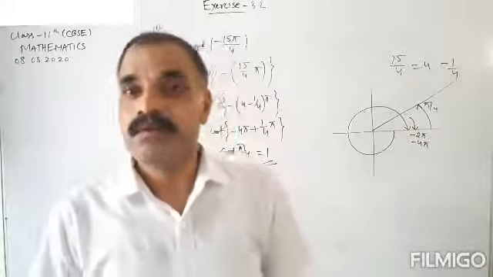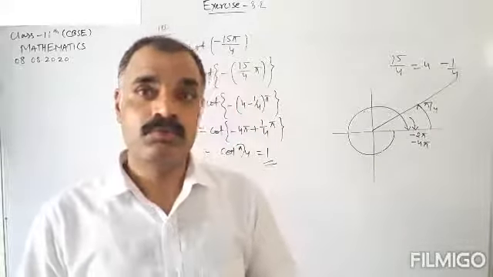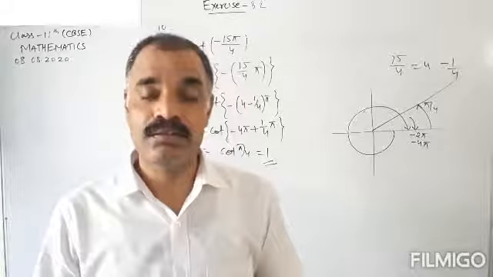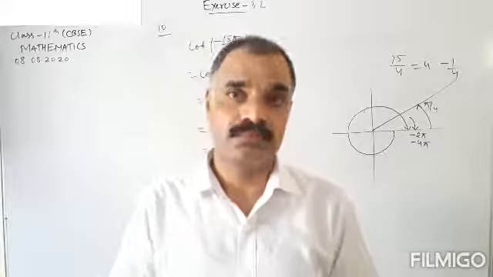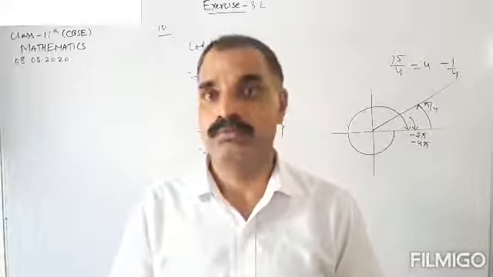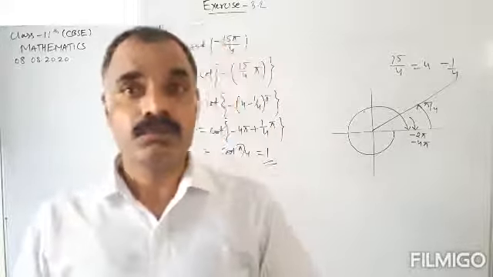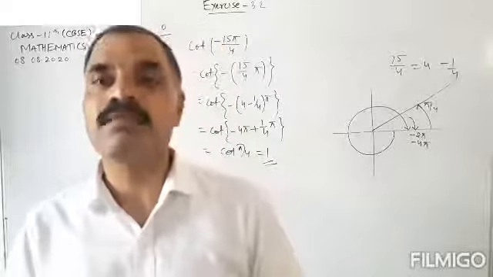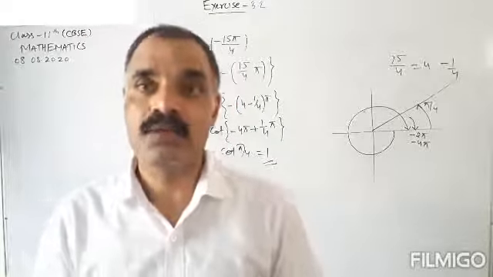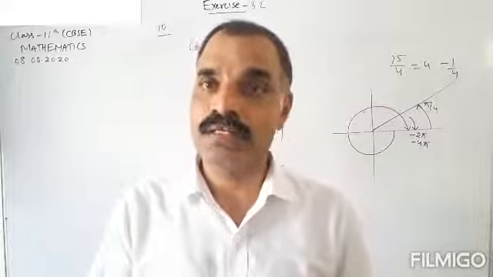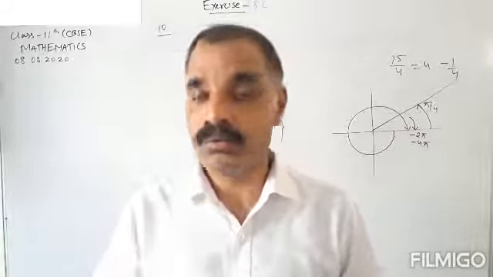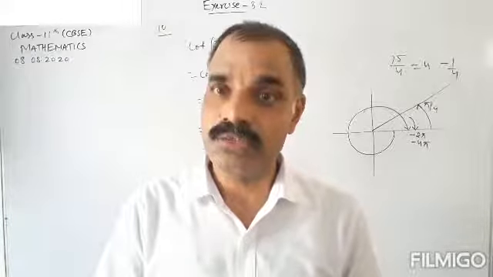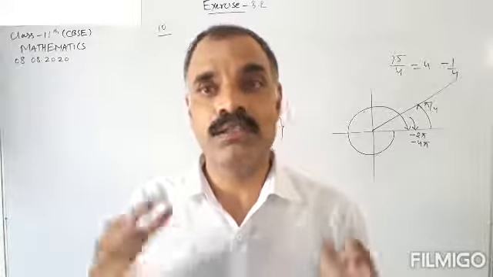Okay. Have you learned some facts from today's discussion or not? From question number 1 to question number 5 we have learned the sign of the trigonometric ratios in different quadrants, and also how to find other trigonometric ratios when one ratio is given.